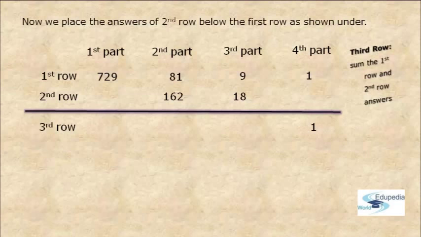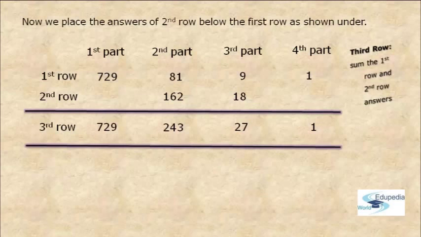If we add these two numbers, we will get 27 as the answer. Now moving to the second part, we have two numbers, that is 81 and 162. By adding these two numbers, we will get 243 as the answer. Since in the first part we don't have any numbers to add up, we write this number as it is in the answer.